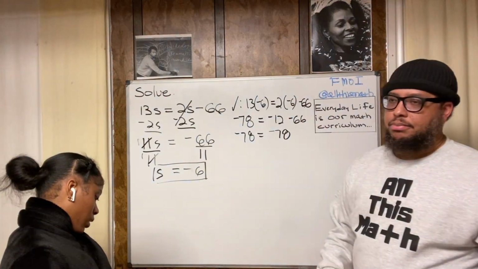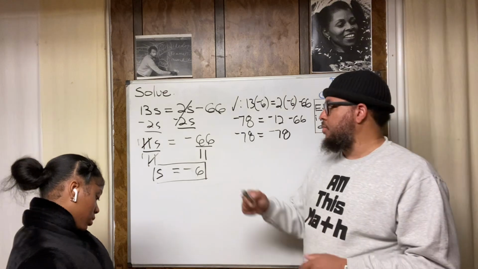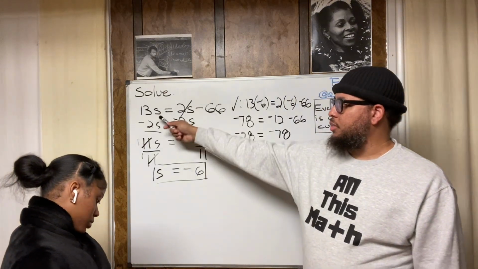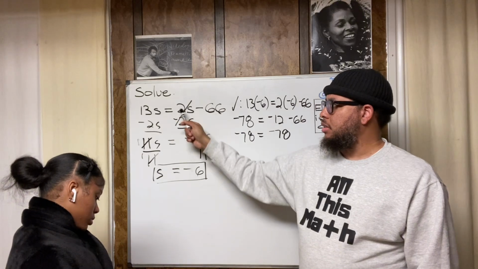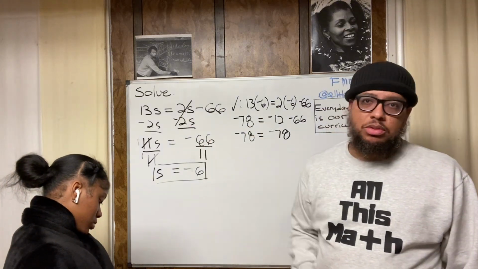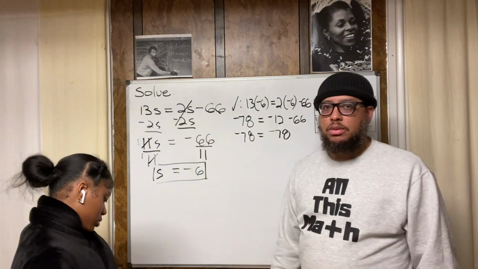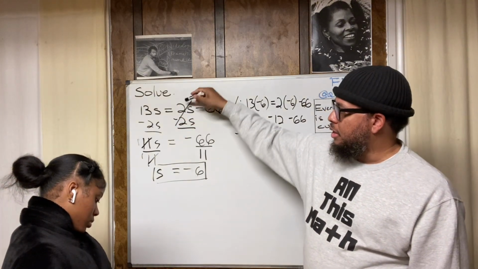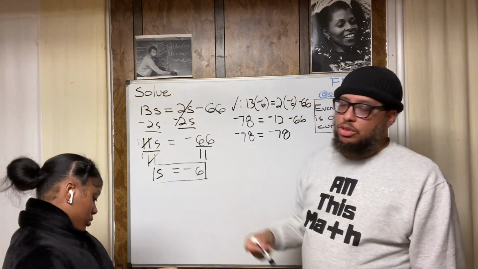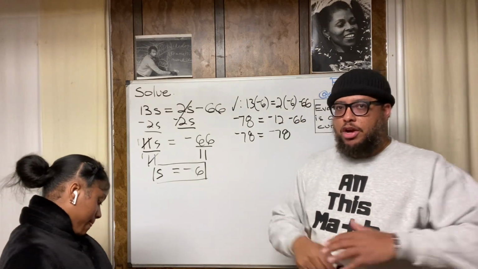All right? Now, this is another example of solving equations. We have variables on both sides. I did another video where we transposed. This time we didn't transpose. We followed the subtraction property of equality, subtracting 2s on both sides, because you can't have the variables all over the place.